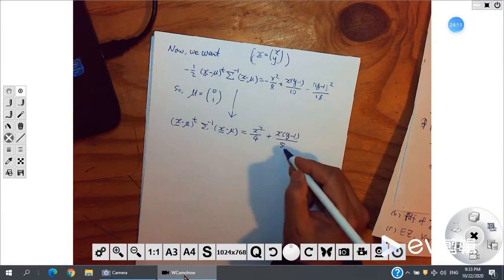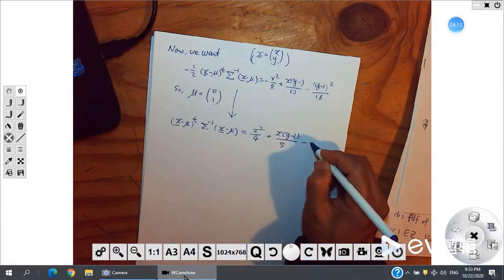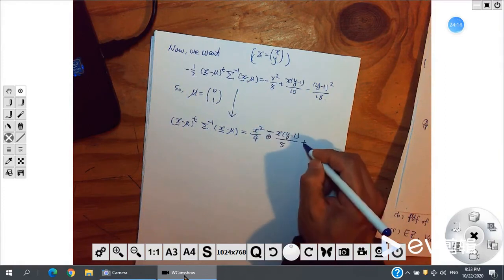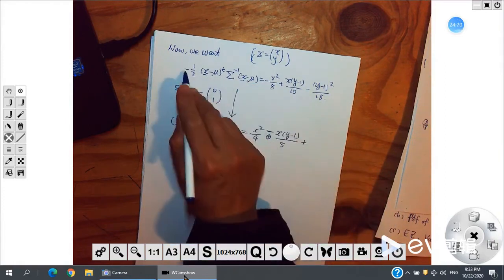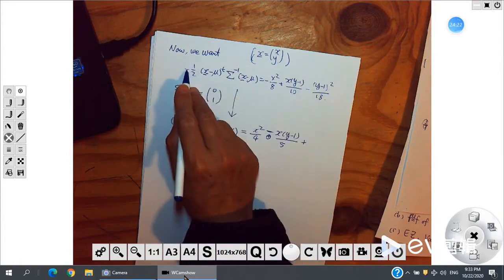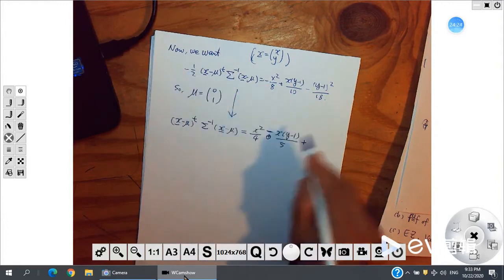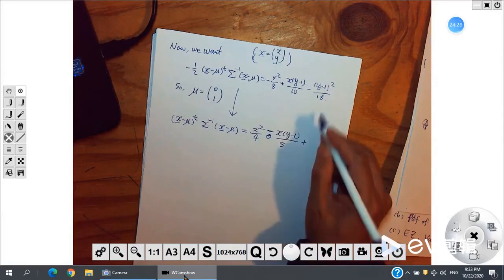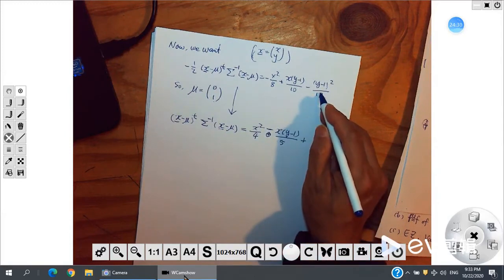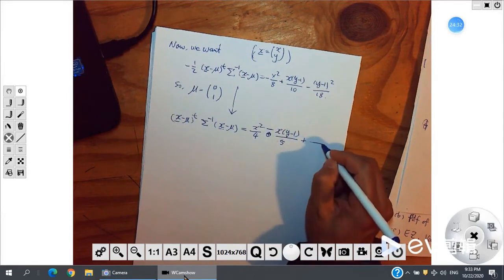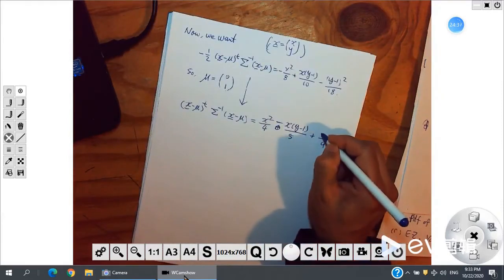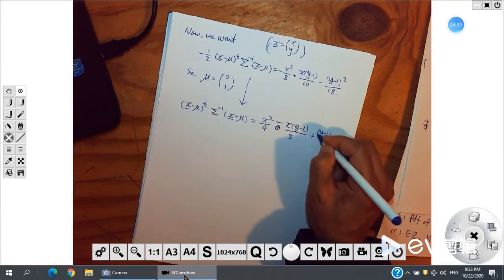I cancel this negative and this negative, and one negative moves here, so it should be minus, and this one will be plus 9 times (y minus 1) squared over here. So we have this.